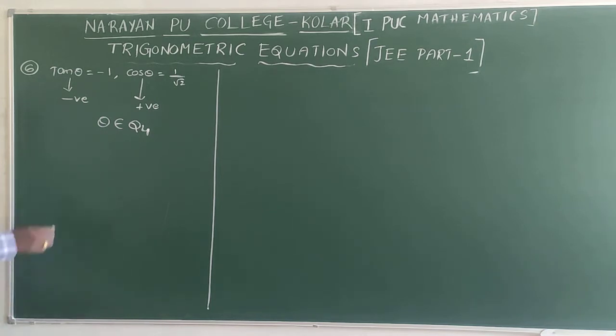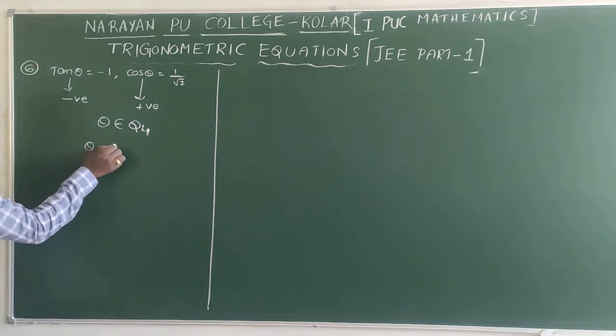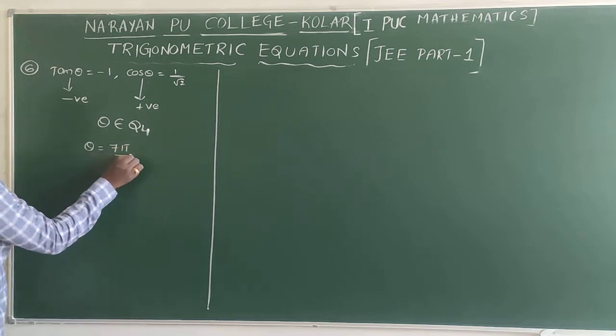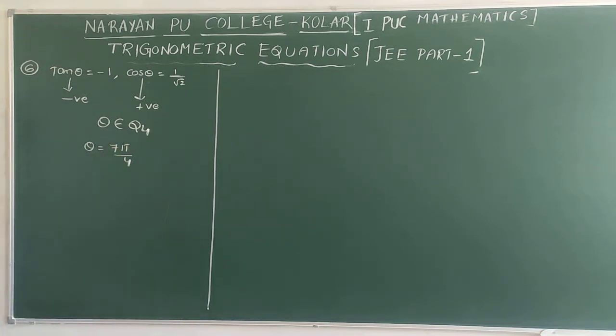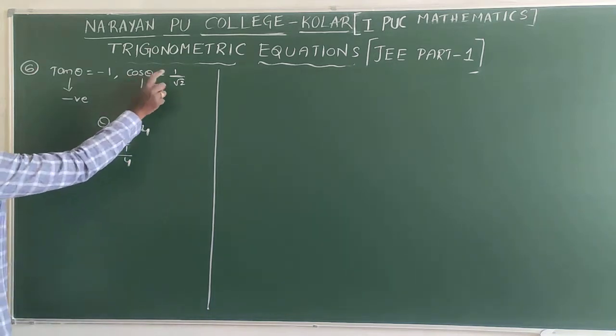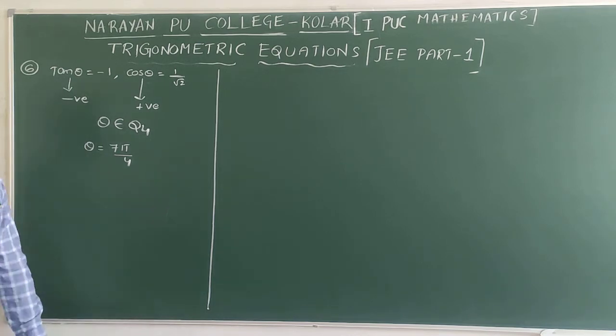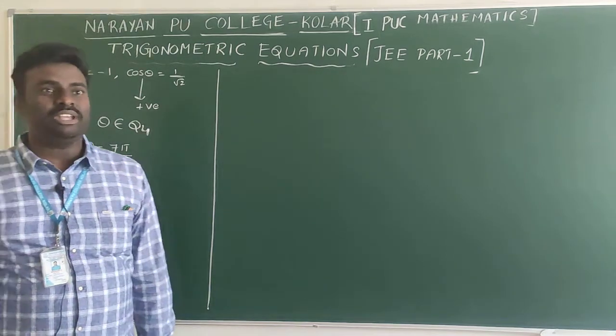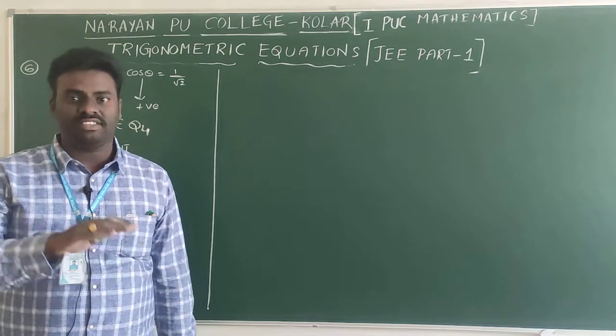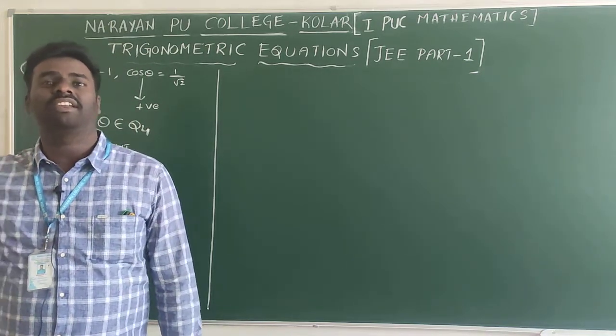So here I can write theta is equal to 7 pi by 4, directly I am writing. For 7 pi by 4 you will get cos theta value 1 by root 2 and tan theta value minus 1. But here we will get one doubt: general solution we need to take for tan or for cos.